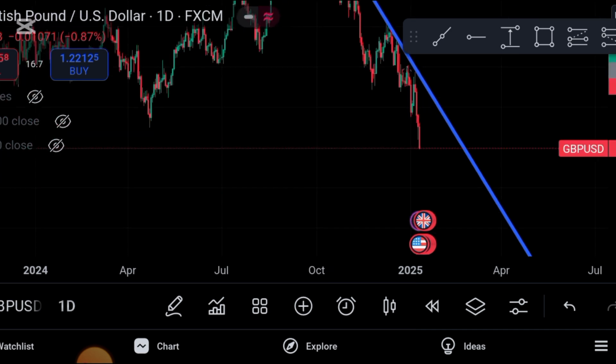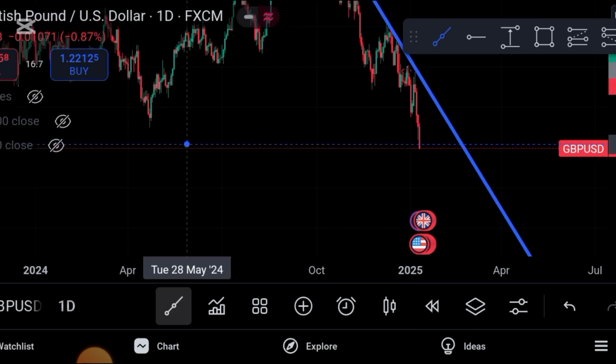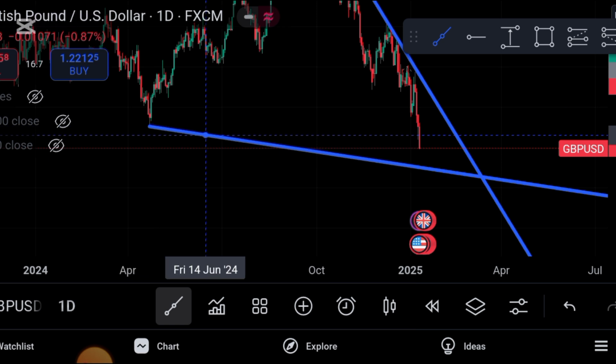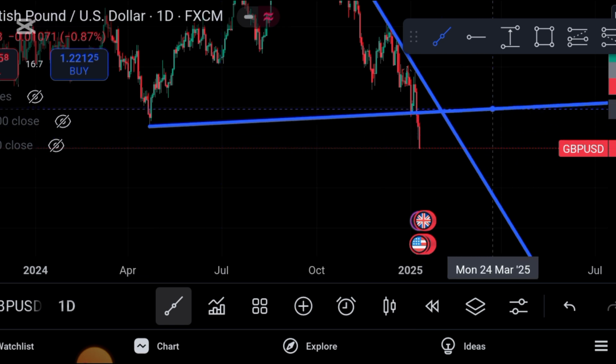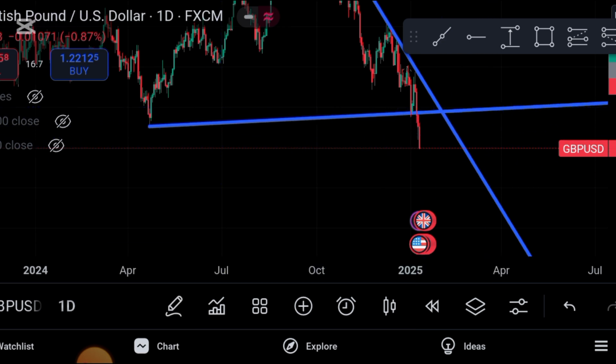For the trend line here, we can say we have one touch point and a second touch point on this one. It also got broken out of, so basically there is no trend line.